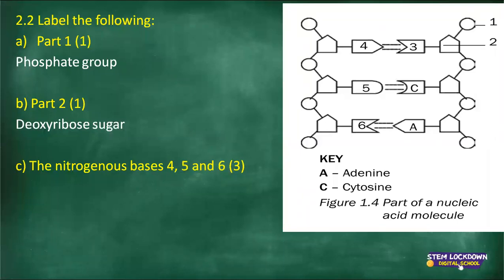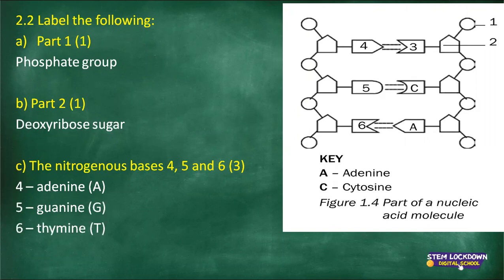For part 3, they said we should label them. So they are nitrogenous bases. Now, what are they? Number 4 is going to be the adenine. Then 5 is going to be guanine, and 6 is going to be thymine.